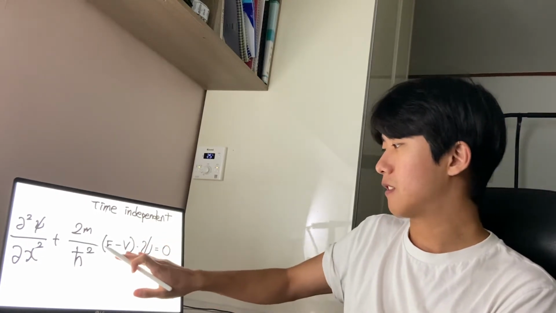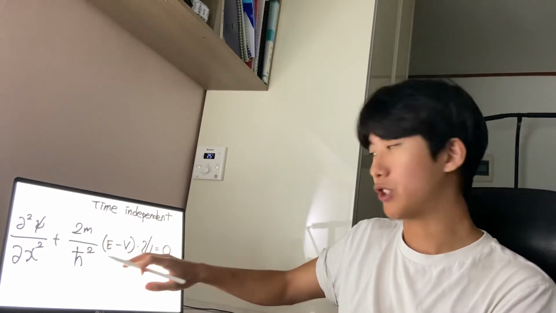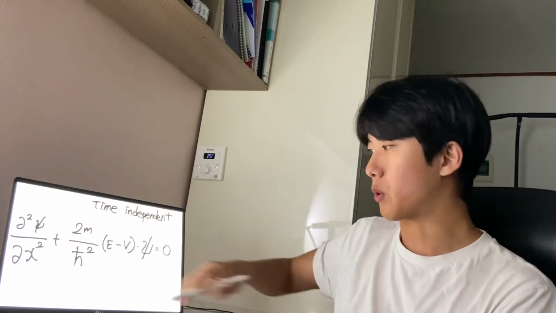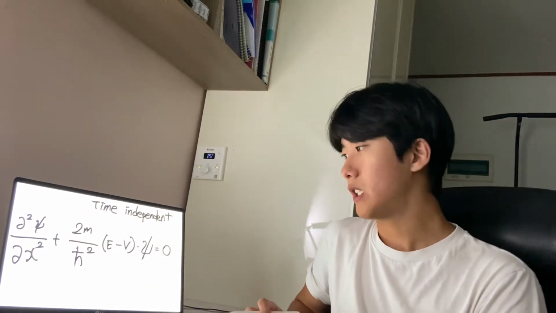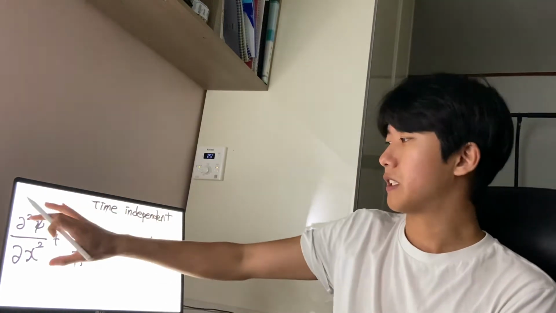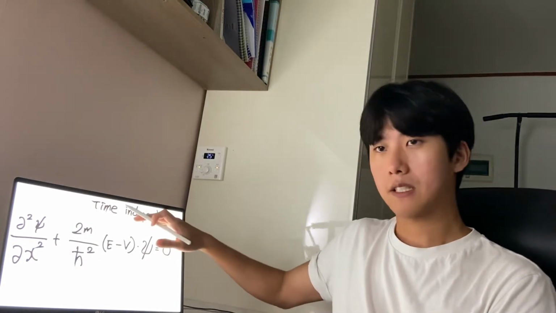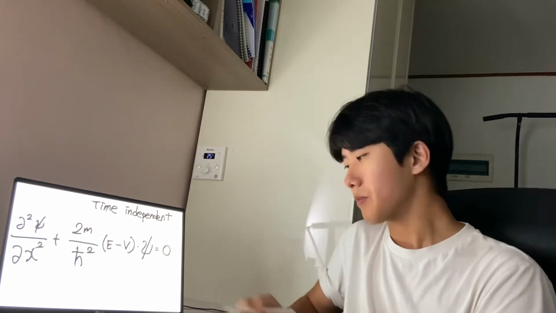So the input is potential, the output is energy and wave function, and the other part is called the Hamiltonian operator. The energy is its eigenvalue. So this formula is the time independent Schrödinger equation.